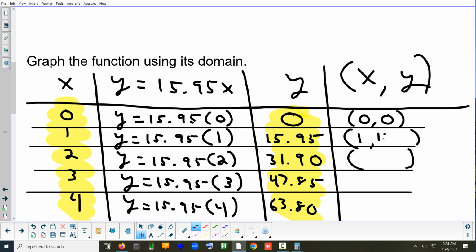Yep. So 1, 15.95. My coordinate for the next row? So 2. Yep. And 31.90. So 2, 31.90. My coordinate for the third row, Lily? Or well, actually, we're on the fourth row. So 3.